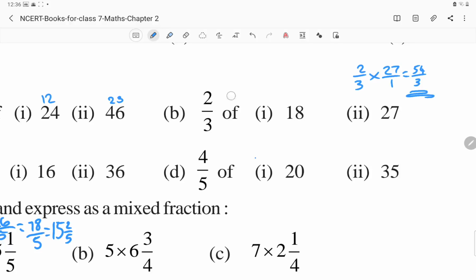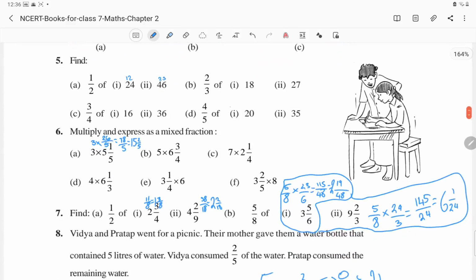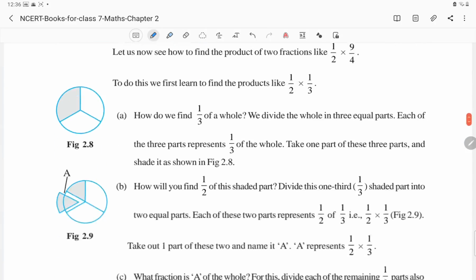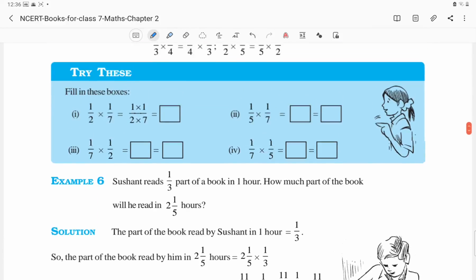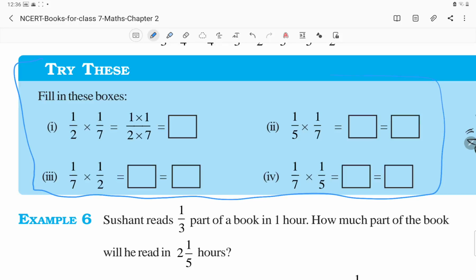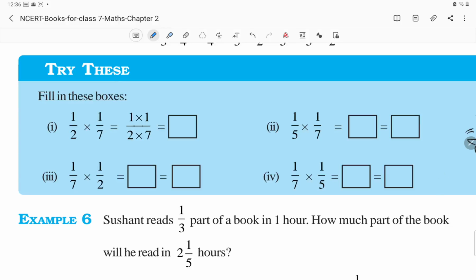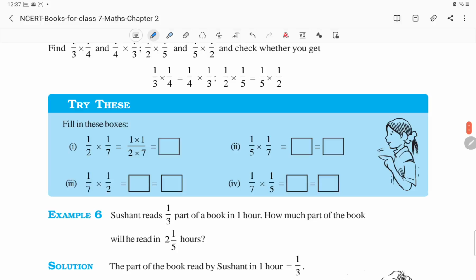Okay, then we are now on homework. So homework can be this. Take a screenshot of it and please work this out and tell me the answers in the comment down below.